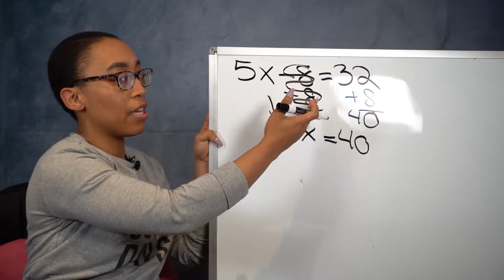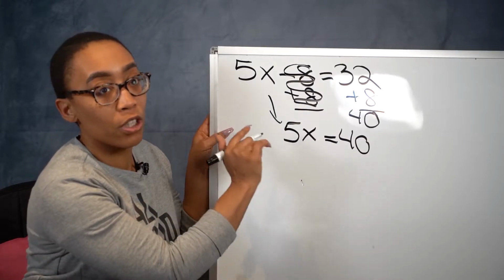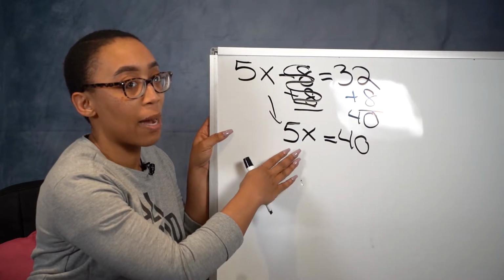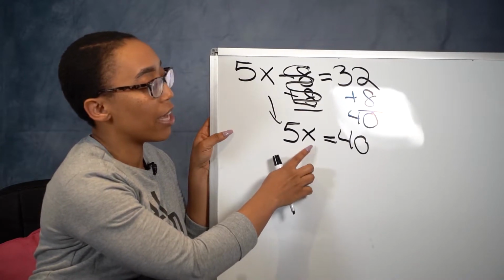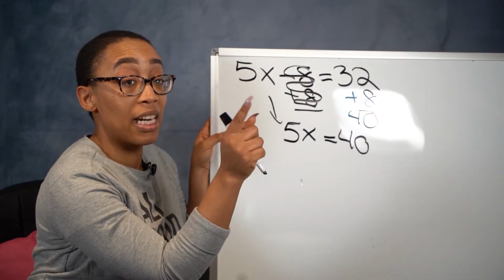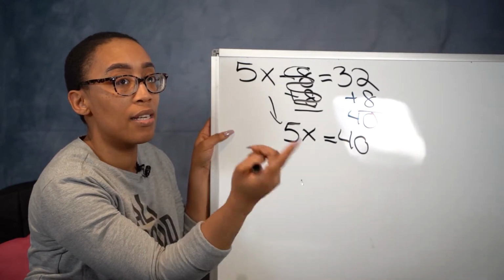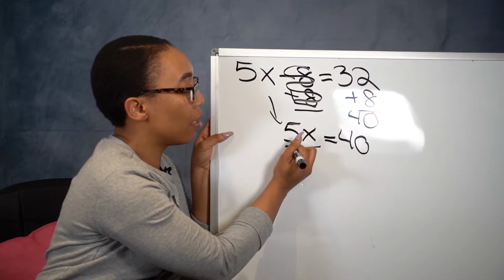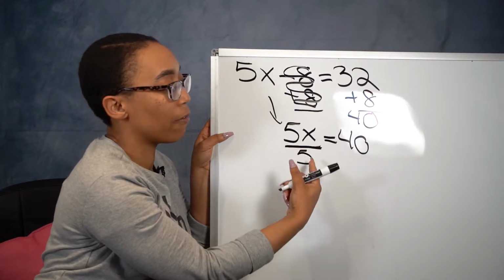Now, just like up here, we have to move the 5 over to that side of the equal sign. To do that, we have to do the opposite math function. 5x is really 5 times x. The opposite of times, or multiplication, is division. So we have to divide by 5 in order to separate it from the x.